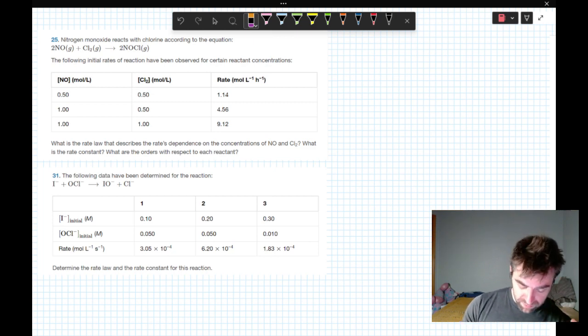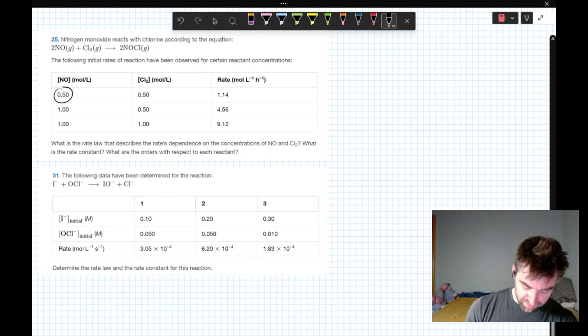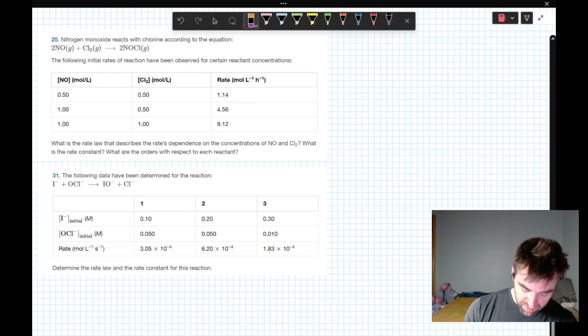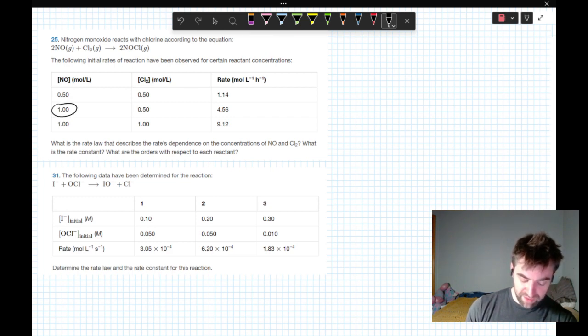So looking at this, we have equal concentrations, and then we have a rate that corresponds with that. Going down to the next one, we've doubled just the nitrogen monoxide concentration, and that has done more than double the rate.